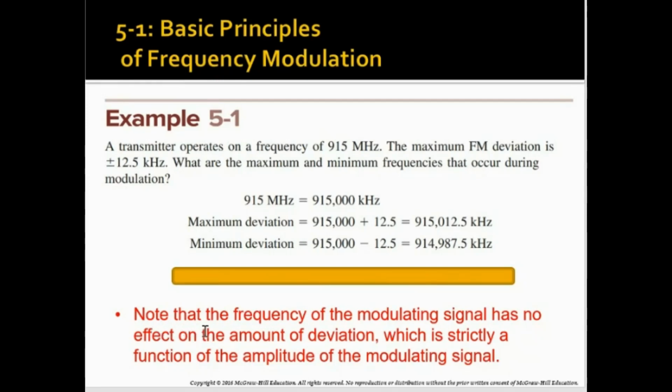So one more time, note that the frequency of the modulating signal has no effect on the amount of deviation. No matter what the frequency of your modulating signal is, the amount of deviation is strictly a function of the amplitude of the modulating signal.